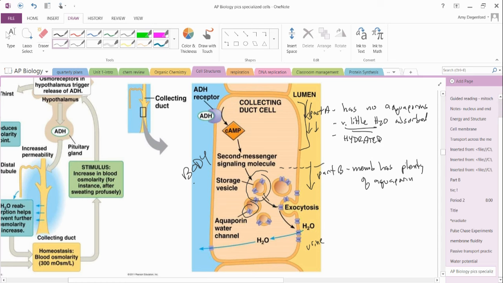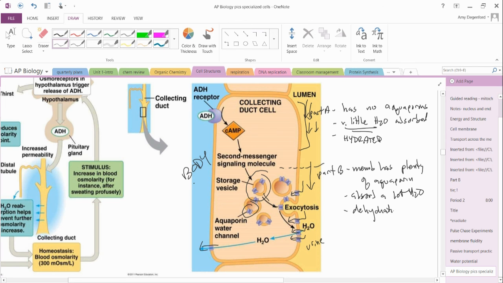Now, because there are plenty of aquaporins, follow the logic: we suddenly have channels to allow the water to go into the cell and then conversely into the body. So here we're going to absorb quite a bit of water. And this is the case where you would be dehydrated.